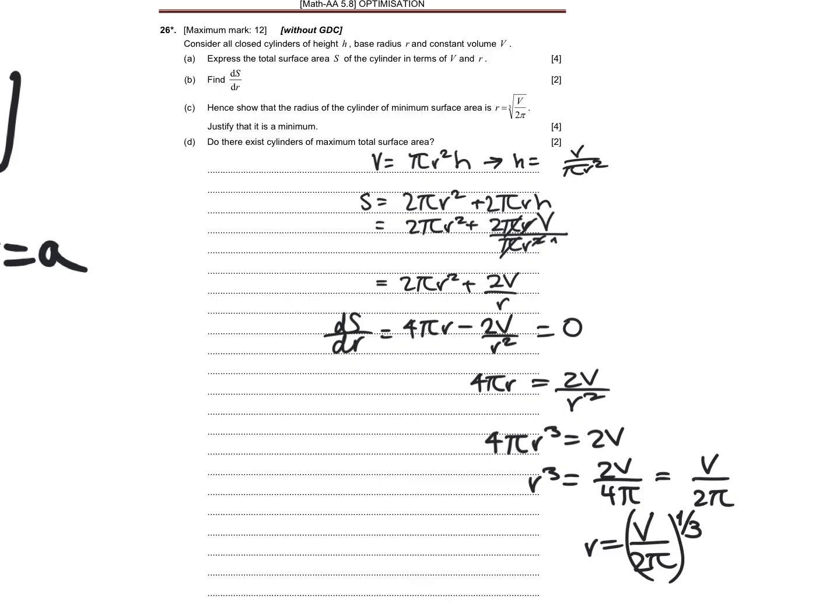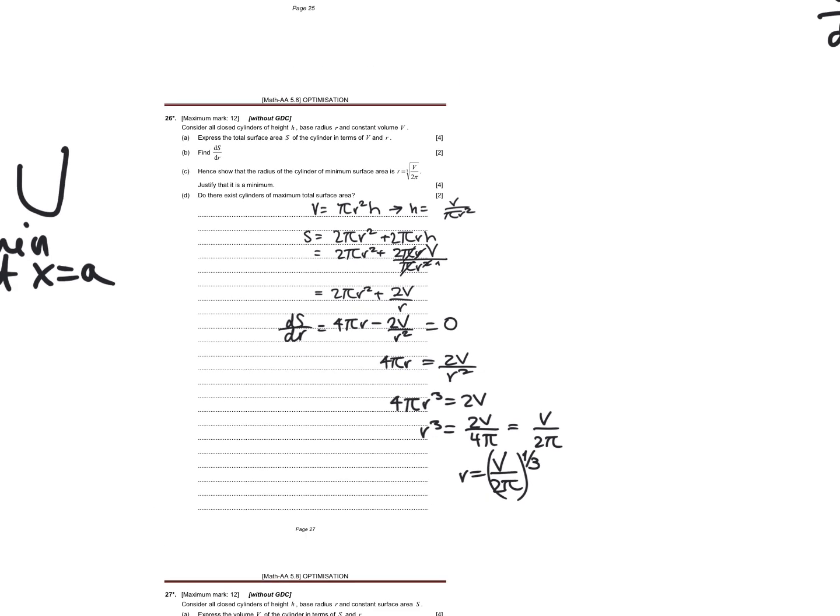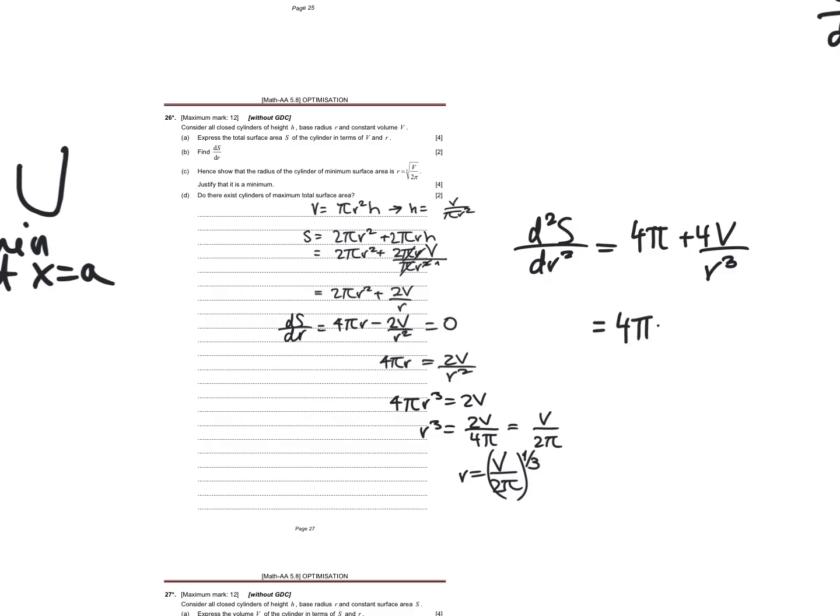Okay, justify it's a minimum. So the second derivative is going to be 4 pi, the r drops, plus 4V over r cubed. And then we want to substitute r in there.